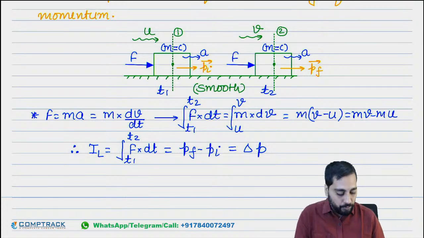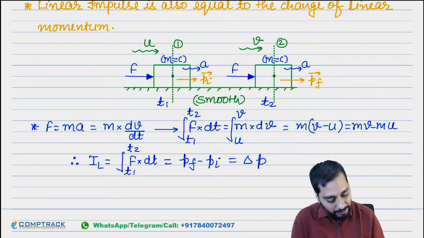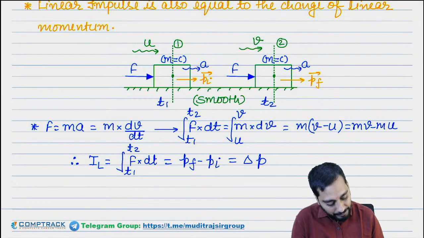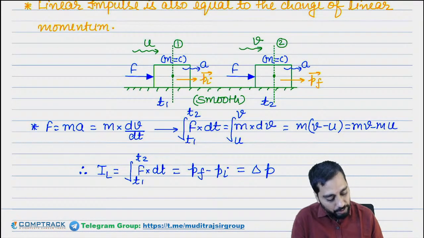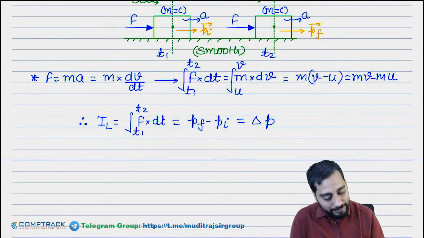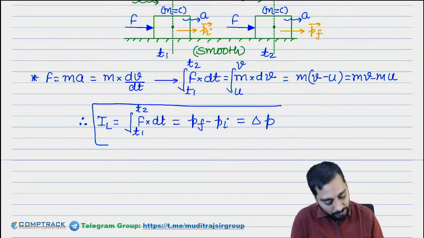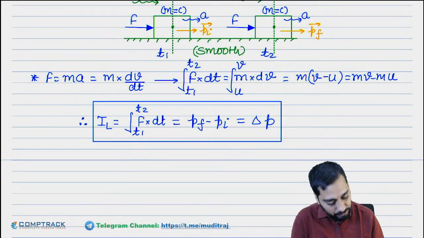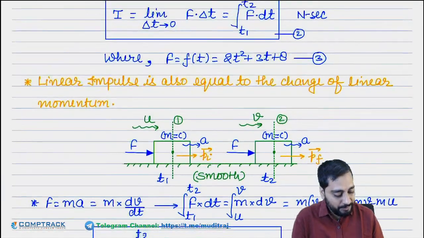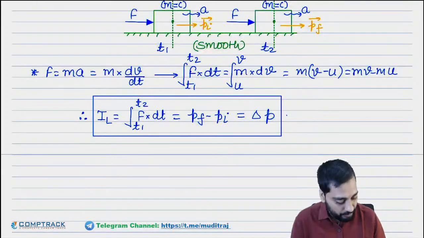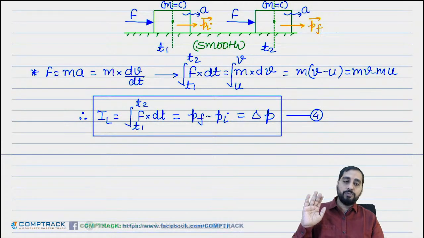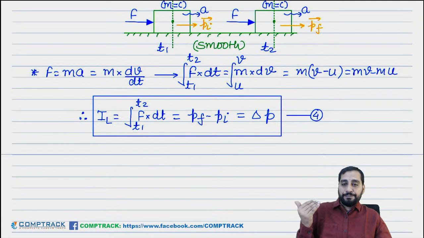Okay, so now the statement is proved that linear impulse is given by the change in linear momentum. Yes or no? So equation 3, this is equation 4. Linear impulse is equal to change in linear momentum.